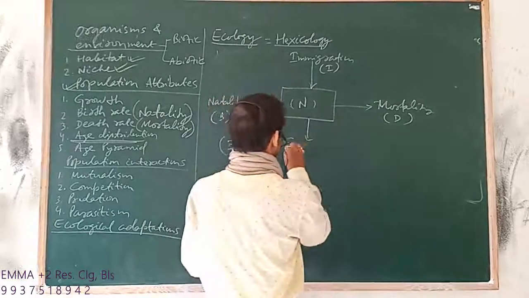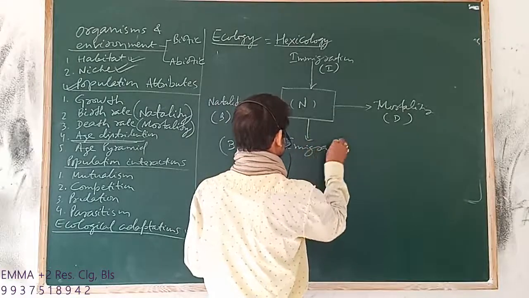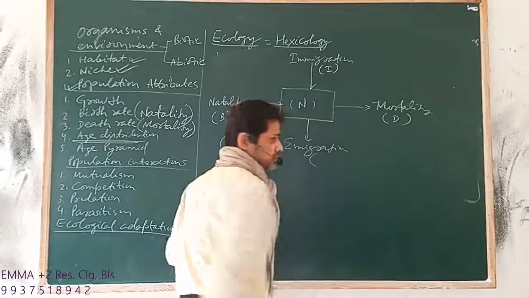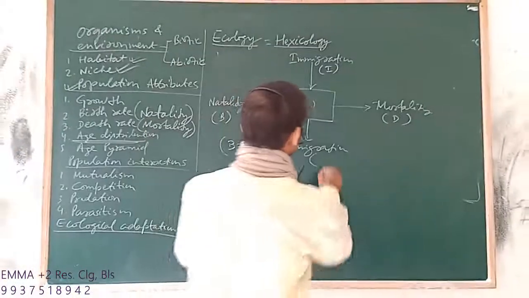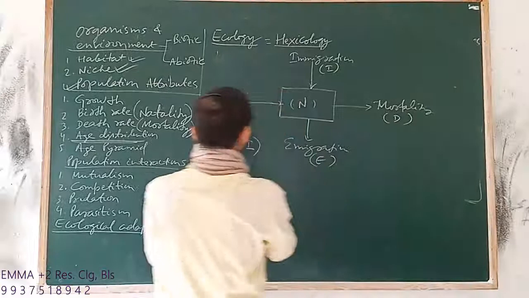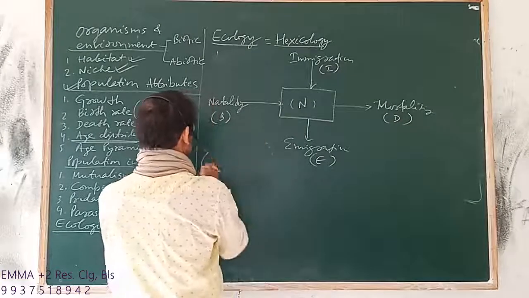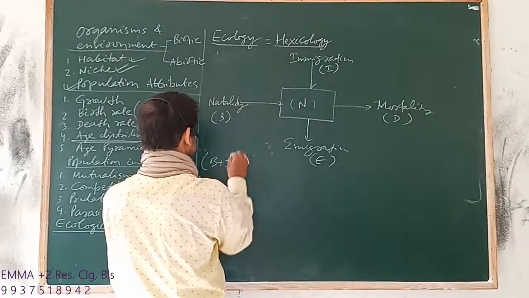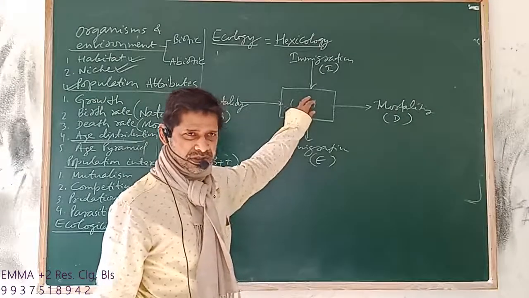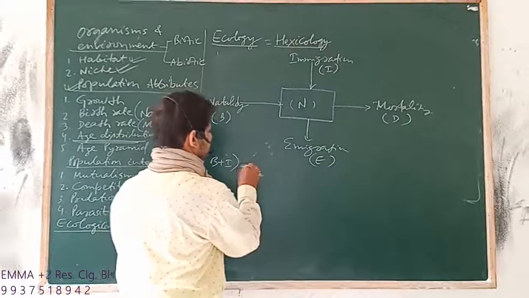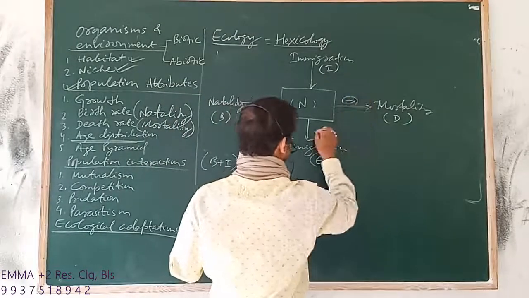That is emigration. So emigration symbol can be E. So B plus I is the cause of increase in population density, and these are the negative factors.